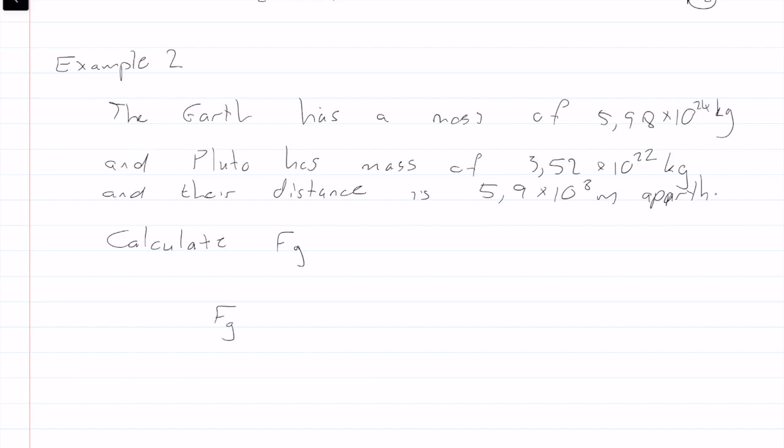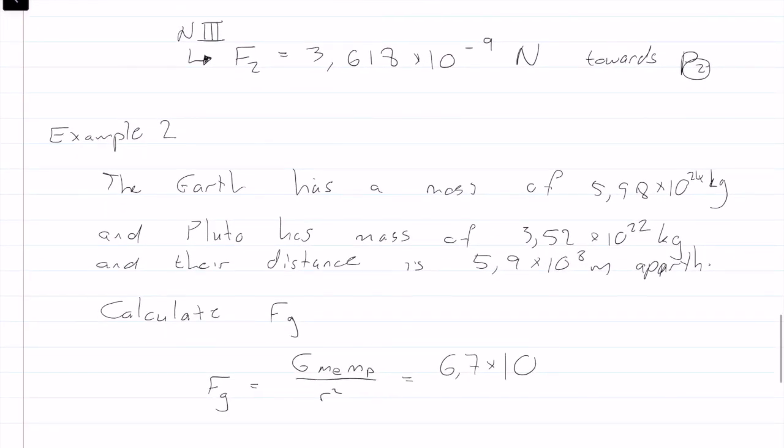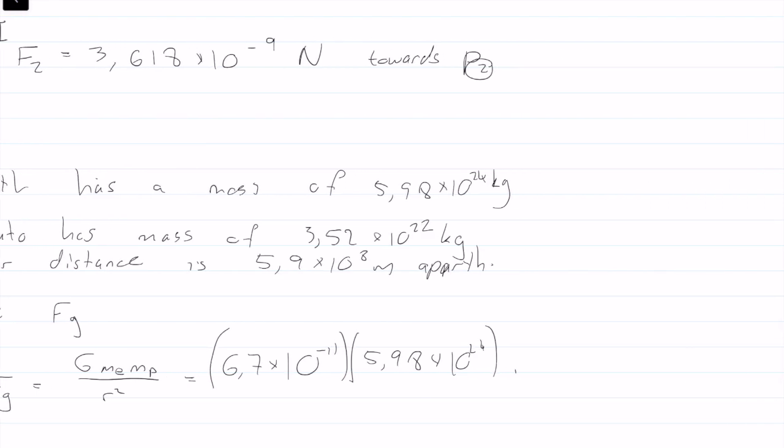We're just going to apply Newton's law. So we're going to say G m1 m2 over r squared. Actually, I'm going to change m1 m2 to the mass of the Earth times the mass of Pluto over r squared. So that's 6.7 times 10 to the minus 11, times the mass of the Earth, which is 5.98 times 10 to the 24, times the mass of Pluto, which is 3.52 times 10 to the 22, all over r, which is 5.9 times 10 to the 8.